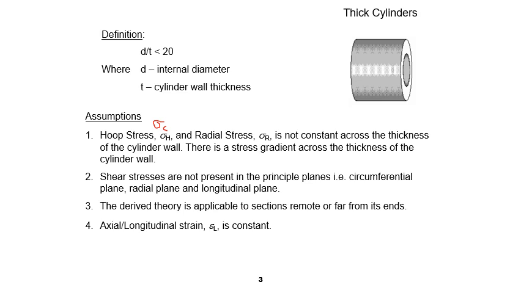The derived theory is applicable to sections remote or far from its ends, as we have discussed in earlier lectures. Why is it important to take sections far from its ends? And axial or longitudinal strain is constant.